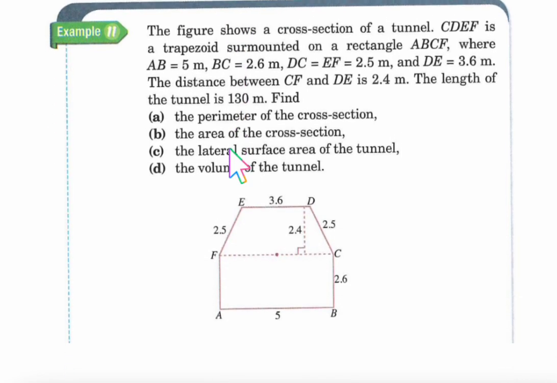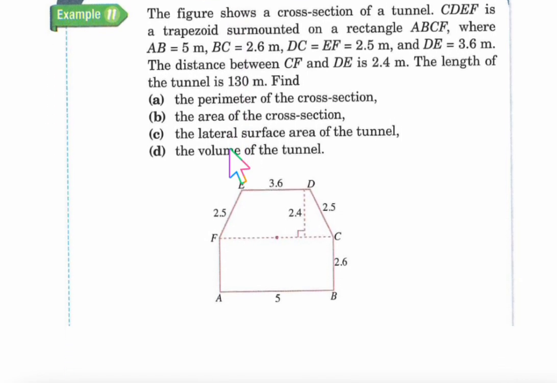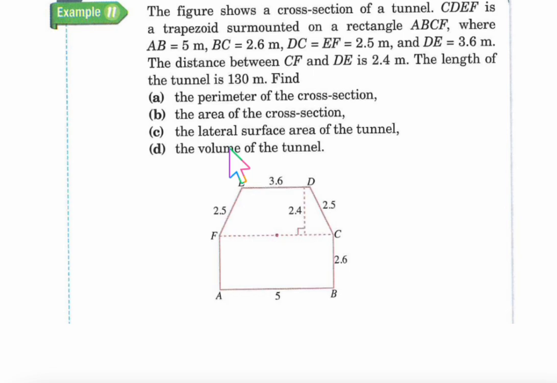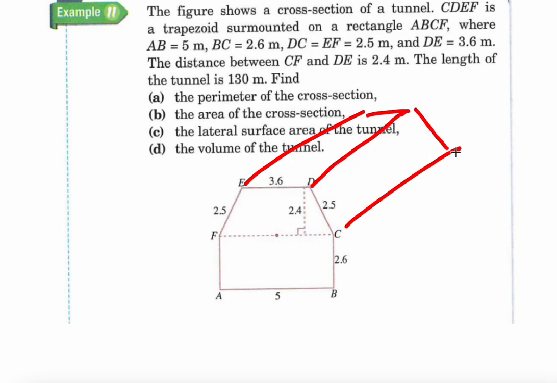Okay, so let's take a look at example 11 from the book. It tells us that the figure below shows a cross-section of a tunnel. Remember, cross-section just means that we're slicing into that tunnel. The tunnel originally looks like this. It's a very long tunnel, and they're basically taking a slice of it out, kind of like if you were to cut into a loaf of bread and you just look at one slice of it, then it would look like that.